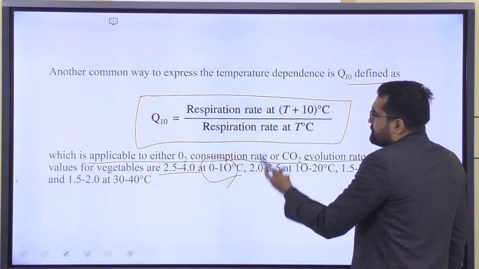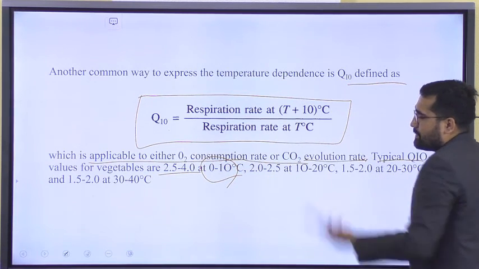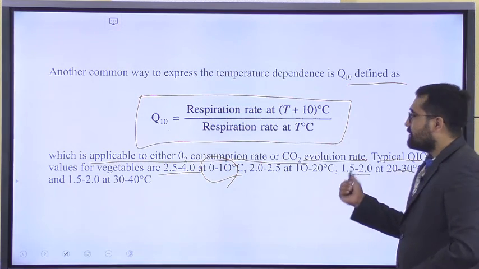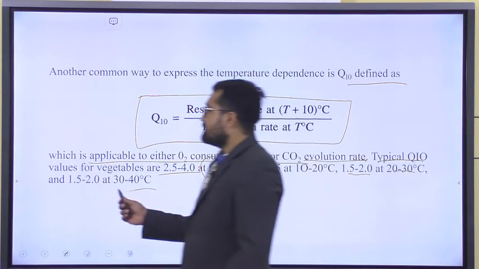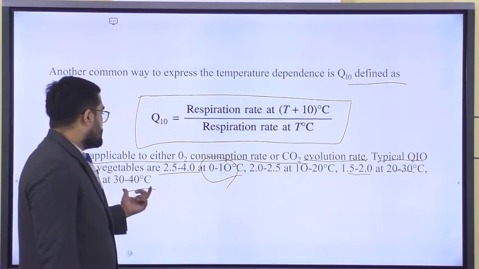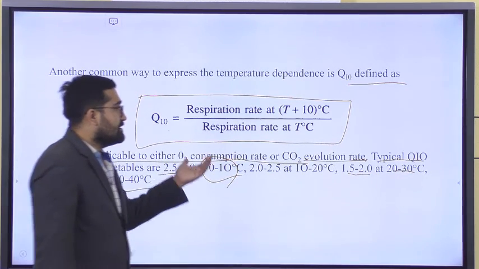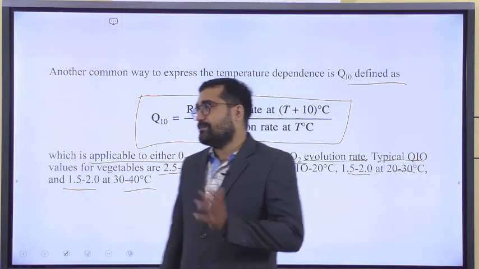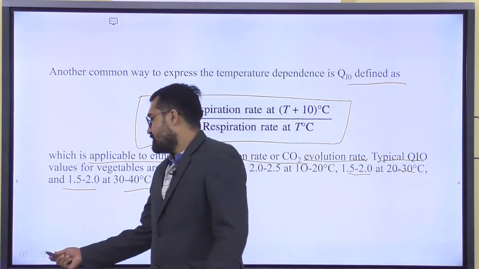Q10 value decreases from 2.5 to 2 as the temperature increases by 10 degrees Celsius, and for again an increase of 10 degrees Celsius, again 0.5 decrease. So this is the Q10 value for determining the temperature effect on the respiration rate.